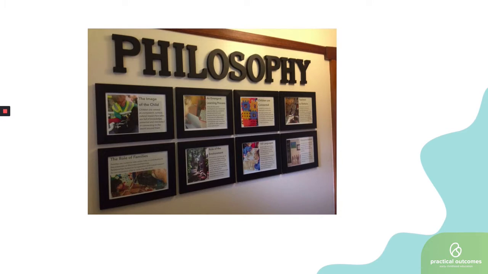A philosophy typically reflects the underpinning values and beliefs of stakeholders, who are the approved providers, educators, families, and children. A philosophy reflects the values of the early childhood and care service, which in turn determines the kind of environment that is created.